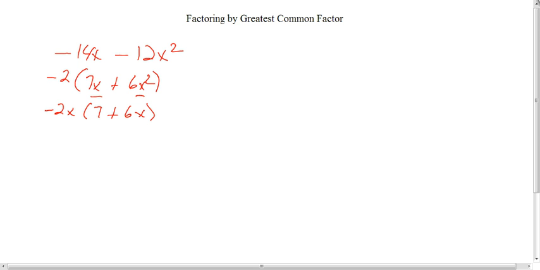Okay, so let's take a look now at checking, and as we would simply check, remember what we said, to check we just use the distributive property. So we got a negative 2x, and that's times 7 plus 6x.